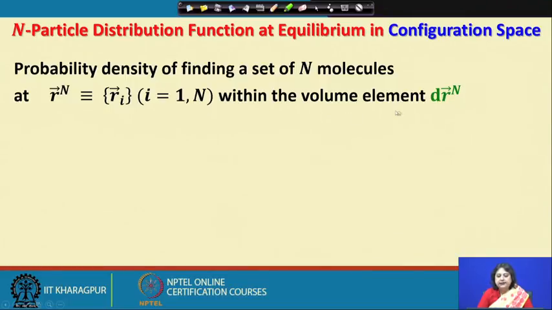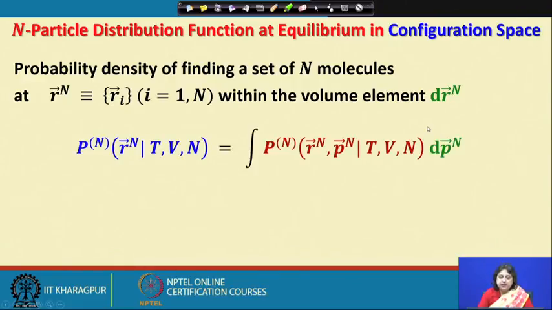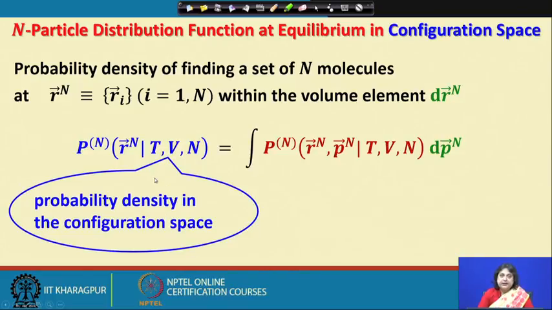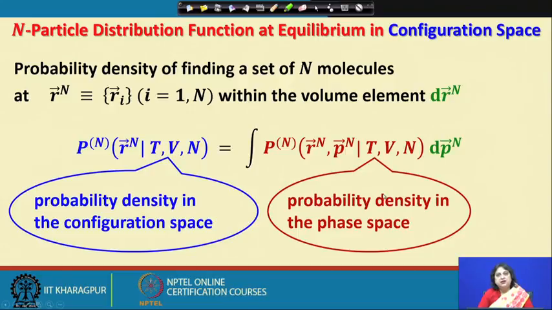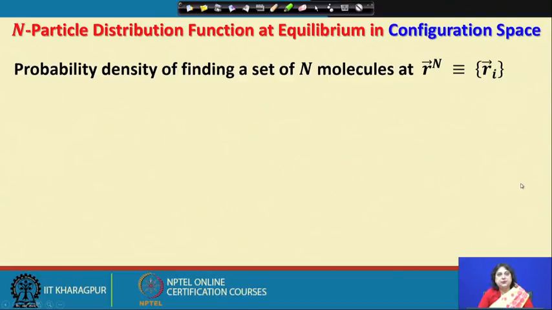And I am looking at some infinitesimal volume element in the configuration space, and this can be obtained from the full phase space n particle distribution function by integrating over all the possible values of momenta of the n particles. So, in this representation then what I would say is, I have expressed the probability density in the configuration space in terms of the probability density in the phase space.